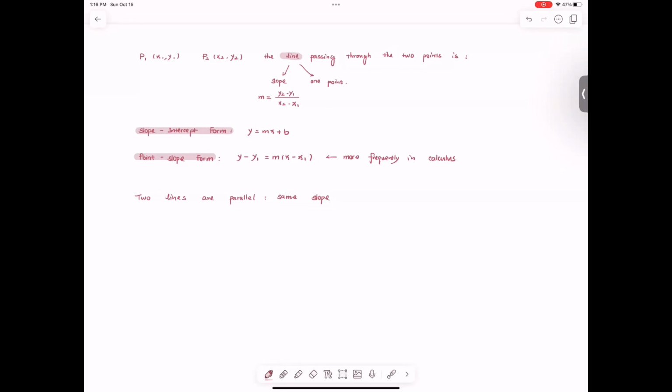So if 2 lines are perpendicular, that means their slopes, let's call them m1 and m2, have a product of -1. Those parts are just high school review.